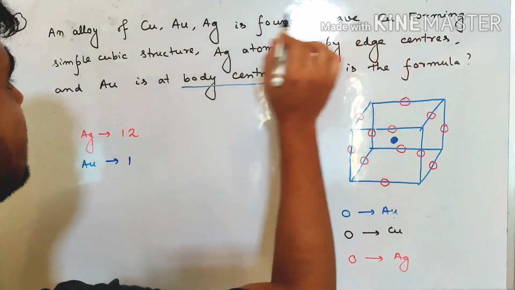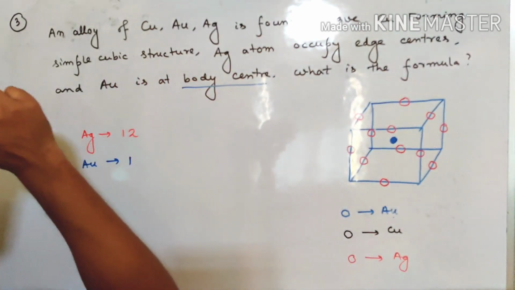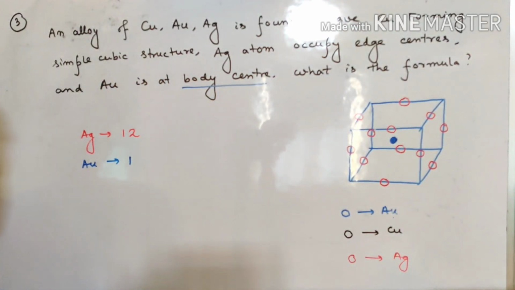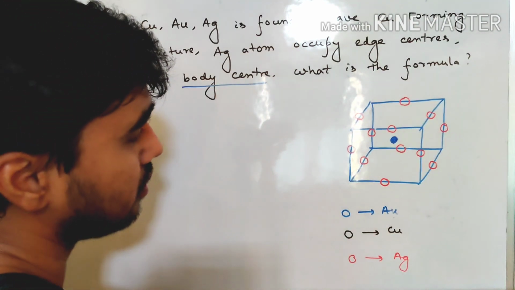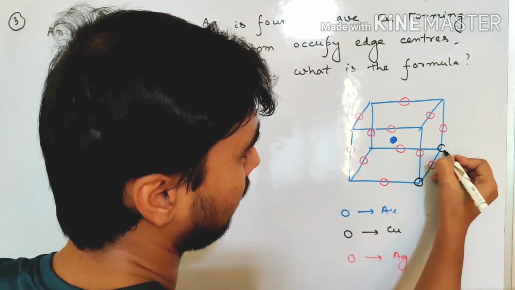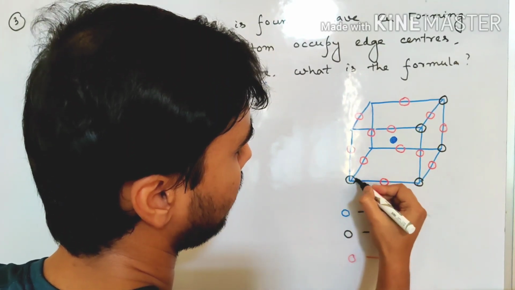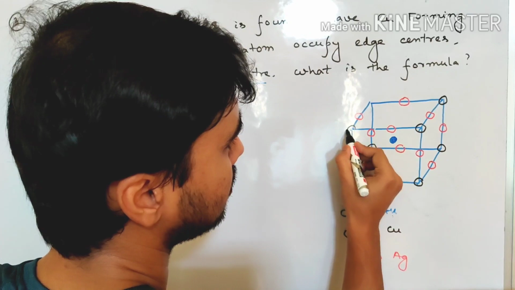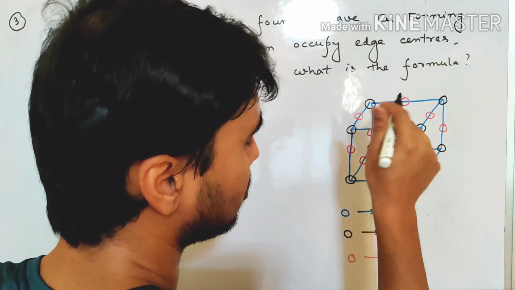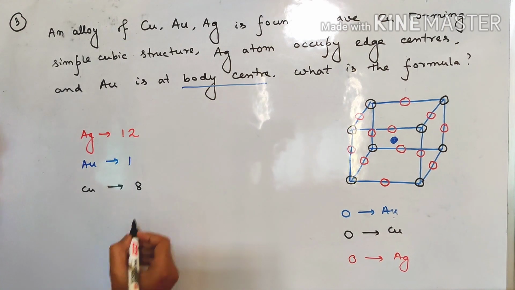Copper is forming simple cubic structure. So we are assuming that they are at the corners of the cell. So the copper will be here. 4, 5, 6, 7, 8. So this is the scenario. So how many copper? 8.